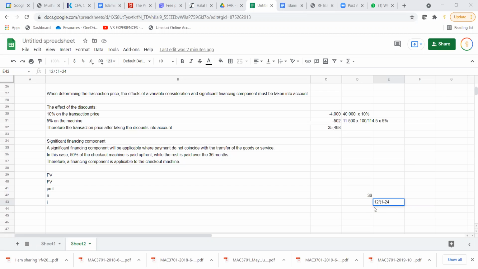The way we do it is the rate divided by 1 minus the tax rate. So to get I, it is 12% divided by 1 minus 24.72%.